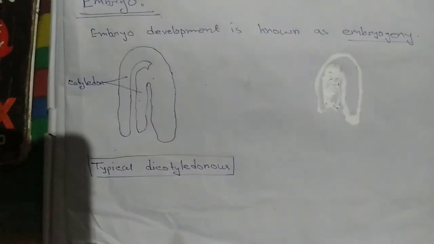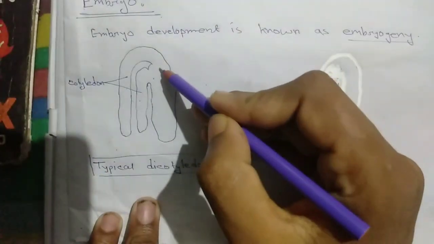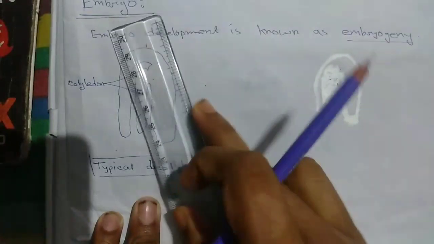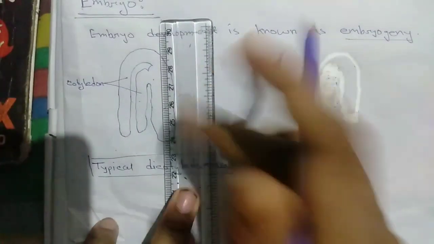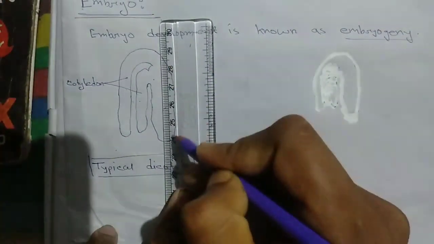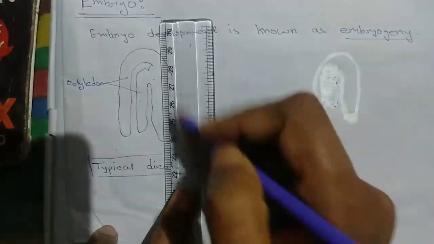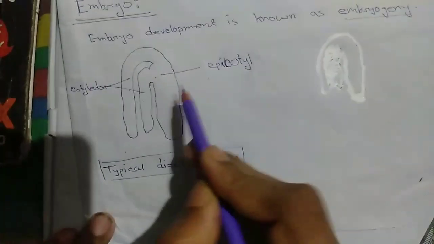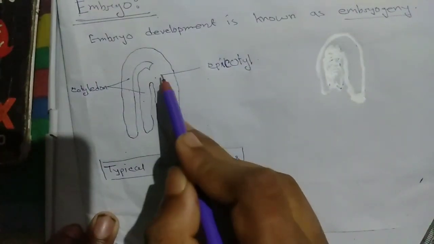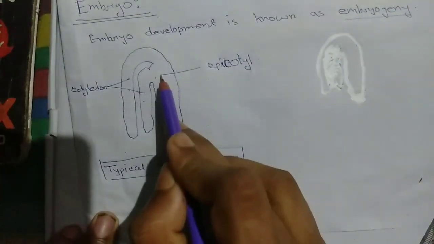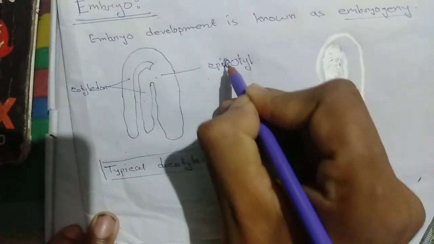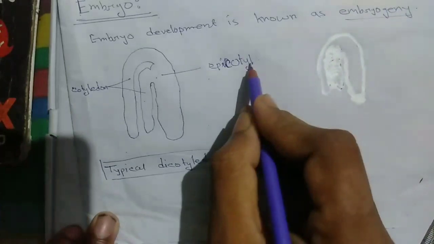The upper part of the embryonal axis is known as epicotyl.